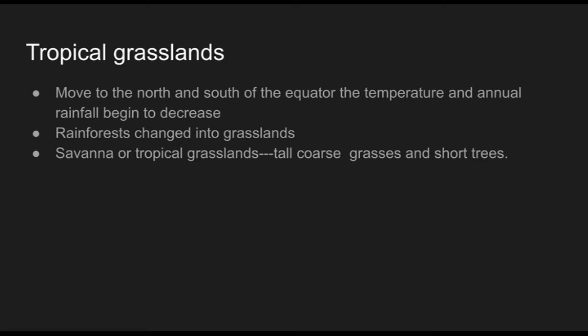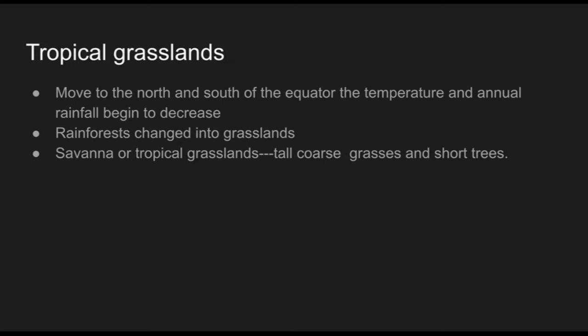But come to the south part of the equator, what will happen? Temperature decreases and rainfall also decreases. So automatically there will be changes in the forest area. The rainforest changes into grasslands.